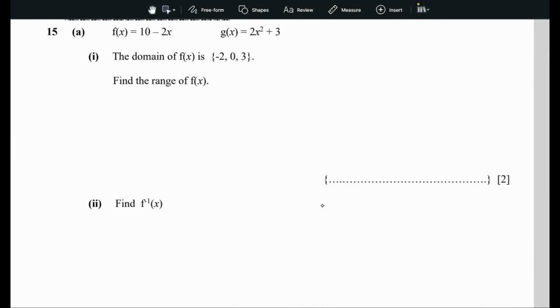F of x is 10 minus 2x, g of x is 2x squared. The domain of f of x is this. Find the range. So for range, we know that f of minus 2 is equals to 10 minus 2 into minus 2, which will be equals to 10 plus 4, so this will be equals to 14.